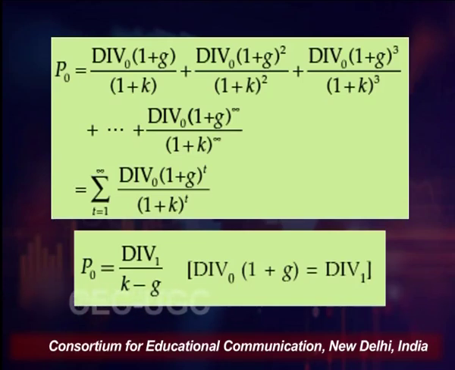DIV0, that means the dividend declared today, has to be multiplied by 1 plus the growth rate. This gives us the value of the dividend to be declared at the end of the first year. By putting this value in our equation, we can calculate the expected price of the share today. So, the expected future dividend will give us the value of the expected price of the share today.